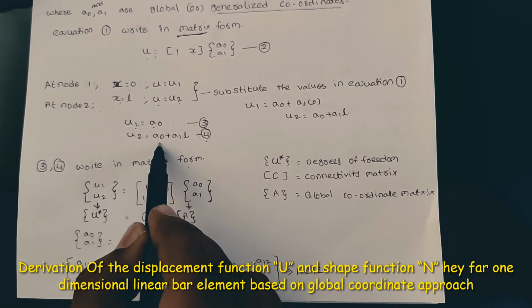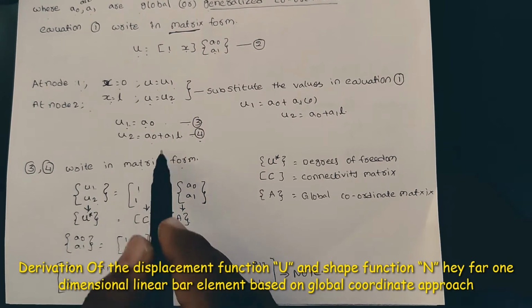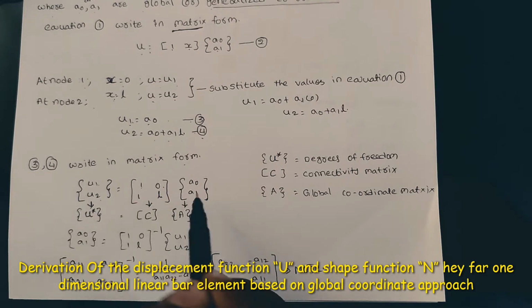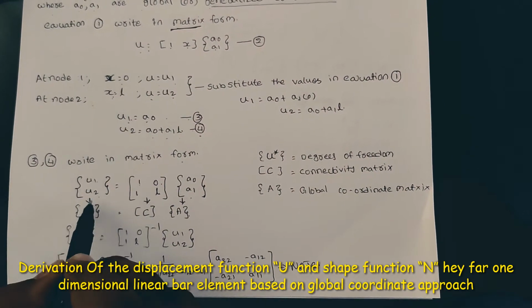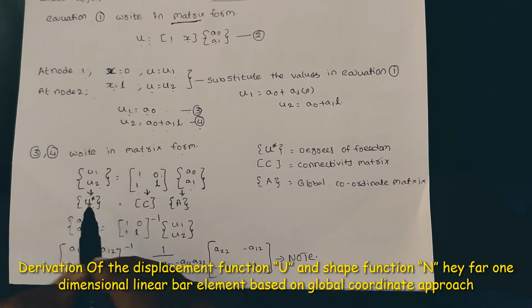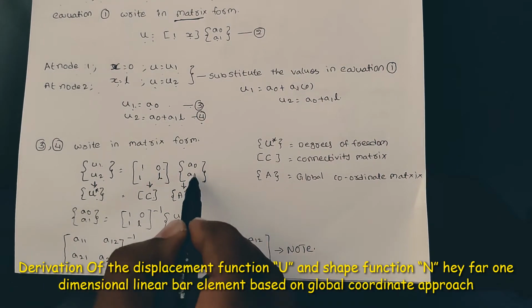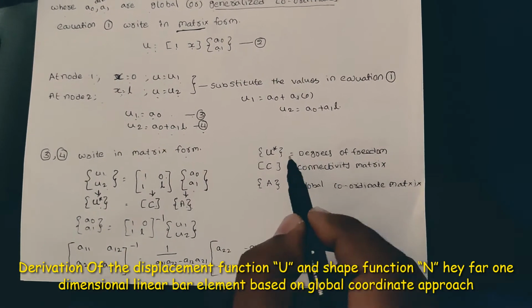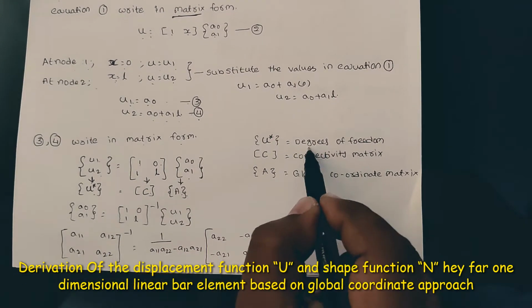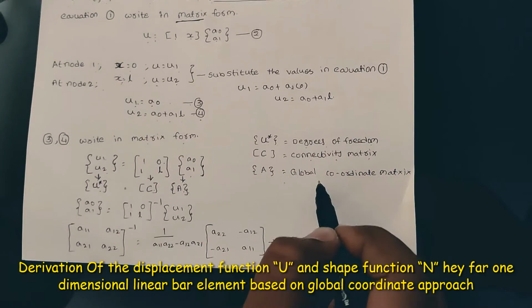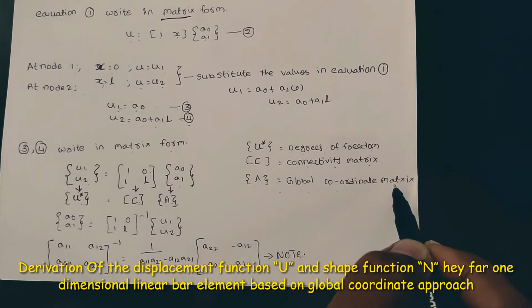In the fourth equation, the a0 coefficient is 1 and the a1 coefficient is L. So in this matrix equation, u1, u2 is called the u star matrix, and 1 0 1 L is the C matrix, and a0 a1 is the A matrix, where u star is the degree of freedom matrix, C is the connectivity matrix, and A is the global coordinate matrix.